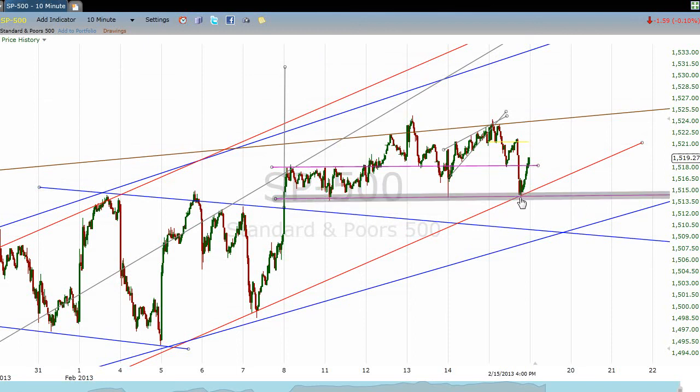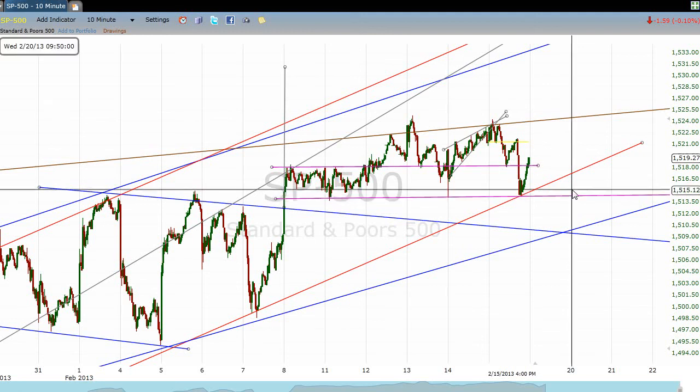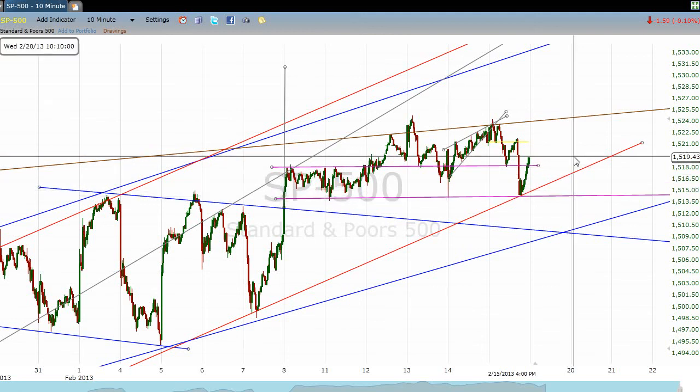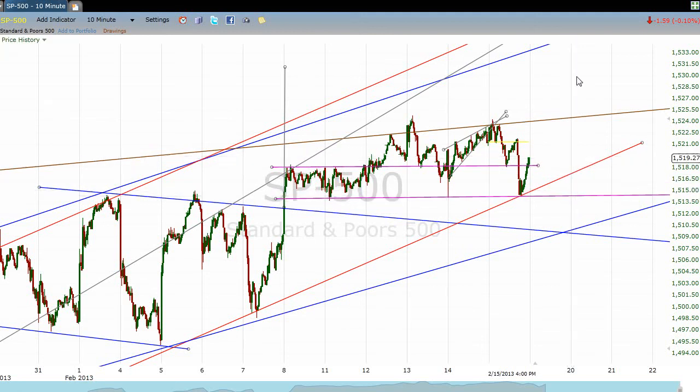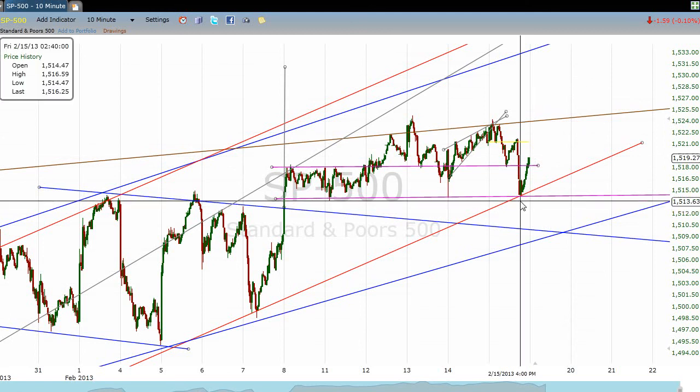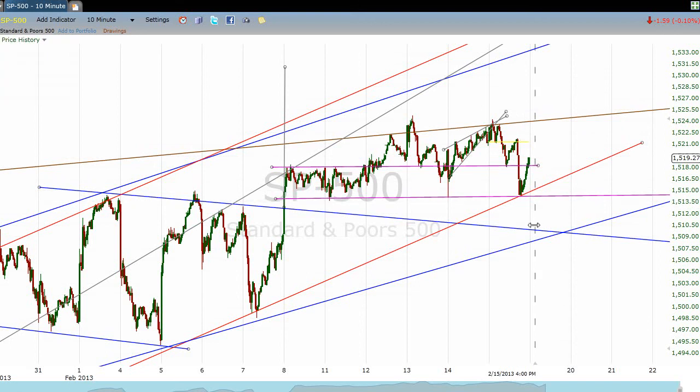It looks like it was a pretty decent little move coming off of about 1514 and putting on a quick near 5 points within the last, how long? Within roughly the last hour and 20 minutes of trading on Friday.